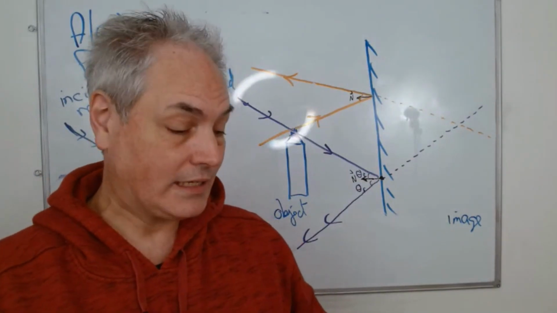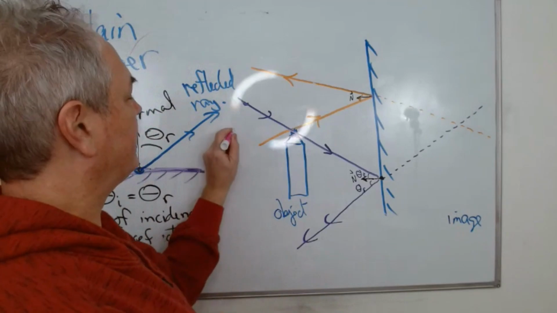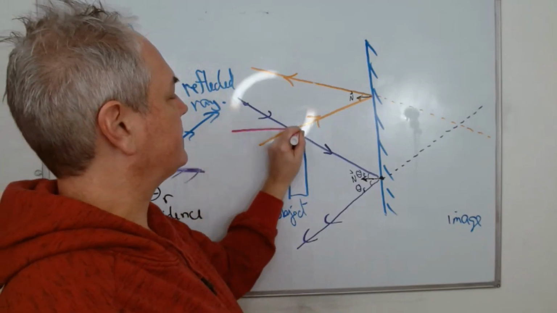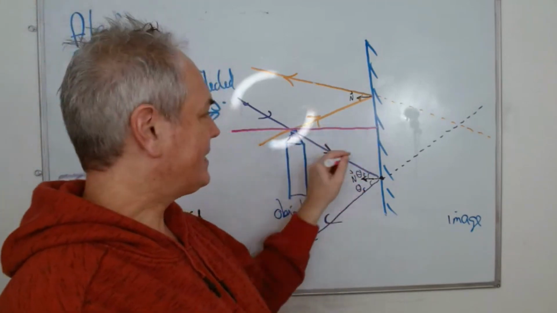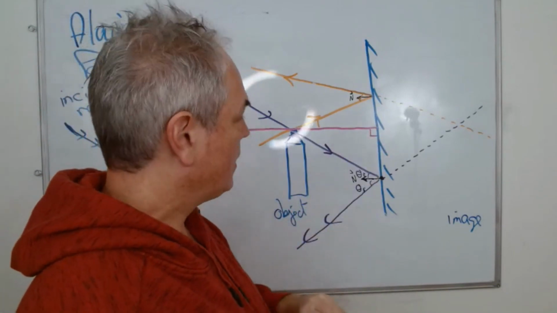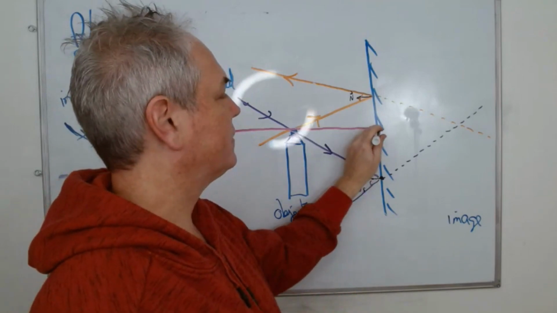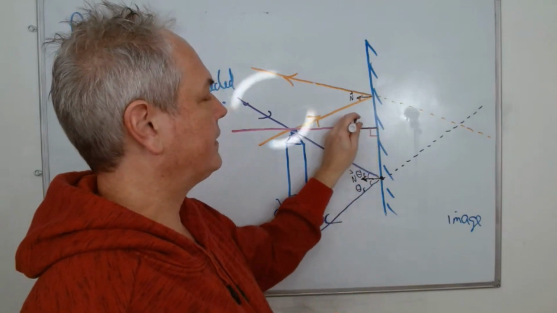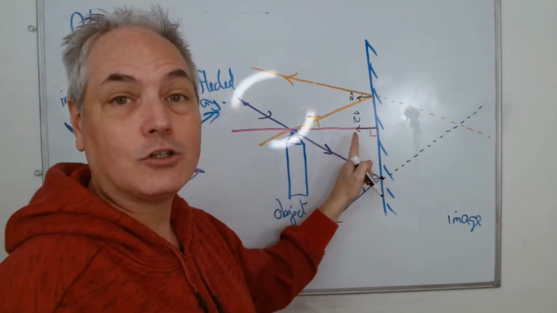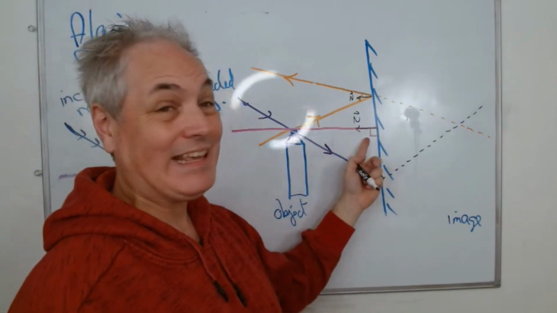Let's do another line that is interesting. If I have a line that is going like this, that is perpendicular to my plane mirror, this ray is in line with our normal like this. So that means the angle of incidence equals 0.